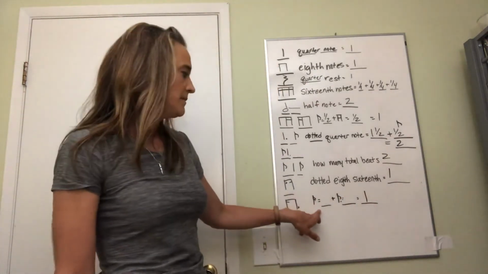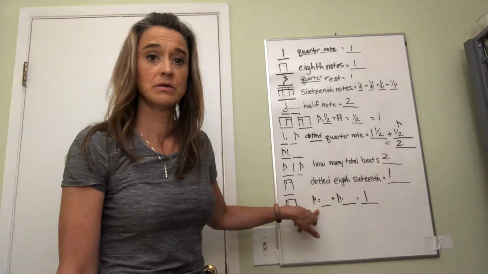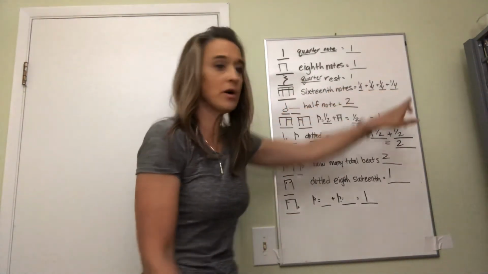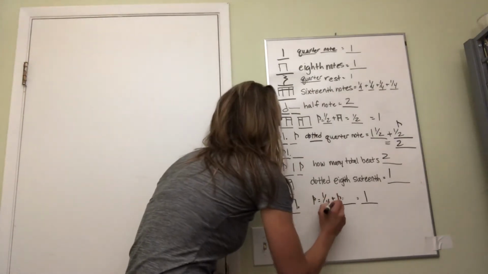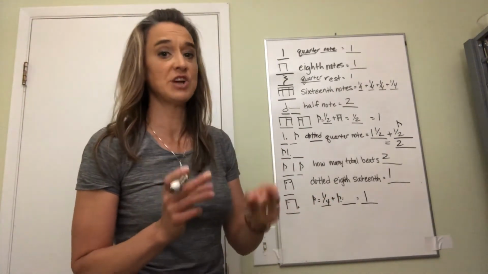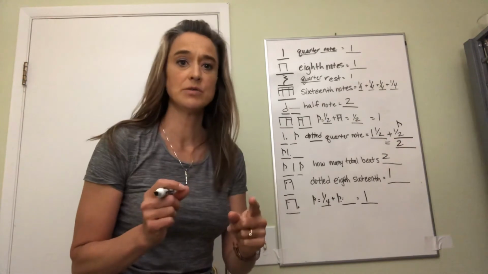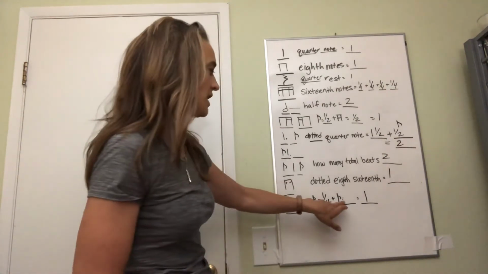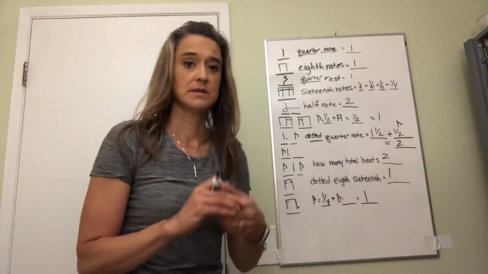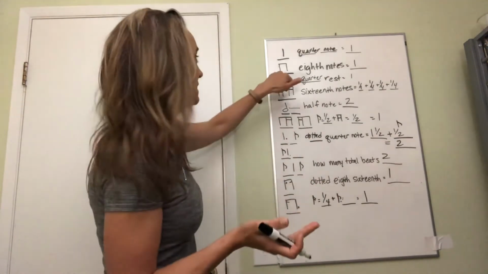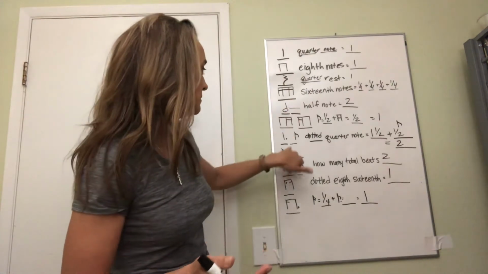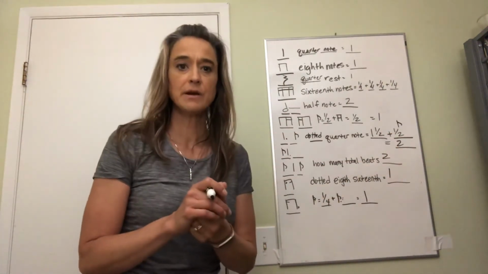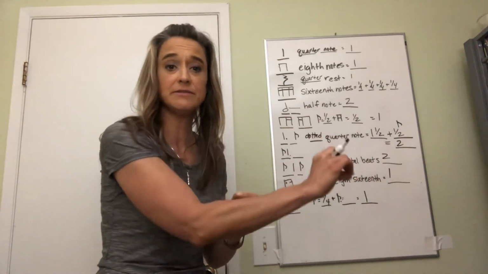So how many beats in a 16th note? Well, go back to here. We know they're each 1/4. Now go back to what I just taught you about a dot. Whatever it follows, it adds half of that value. So the dot is following an 8th note. So an 8th note is worth a half, right? Here's another place it's worth a half. So if the 8th note is worth a half, the dot is worth half of a half.